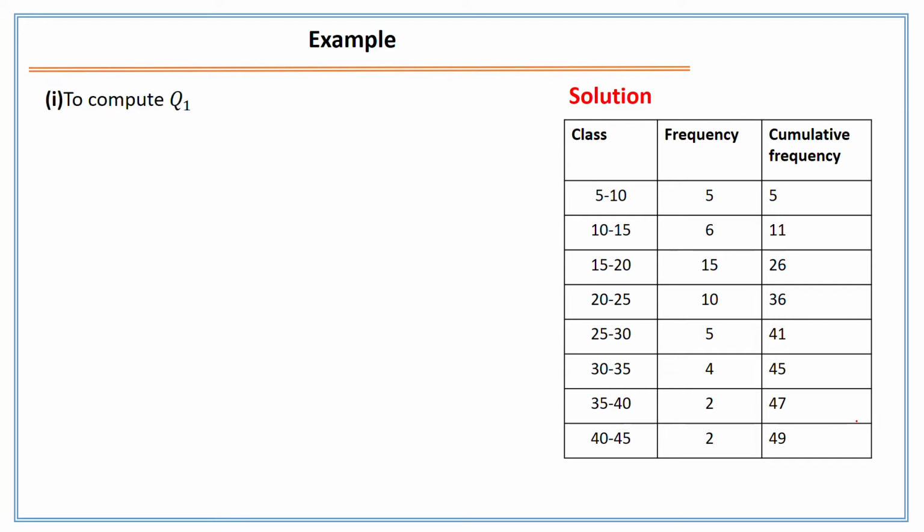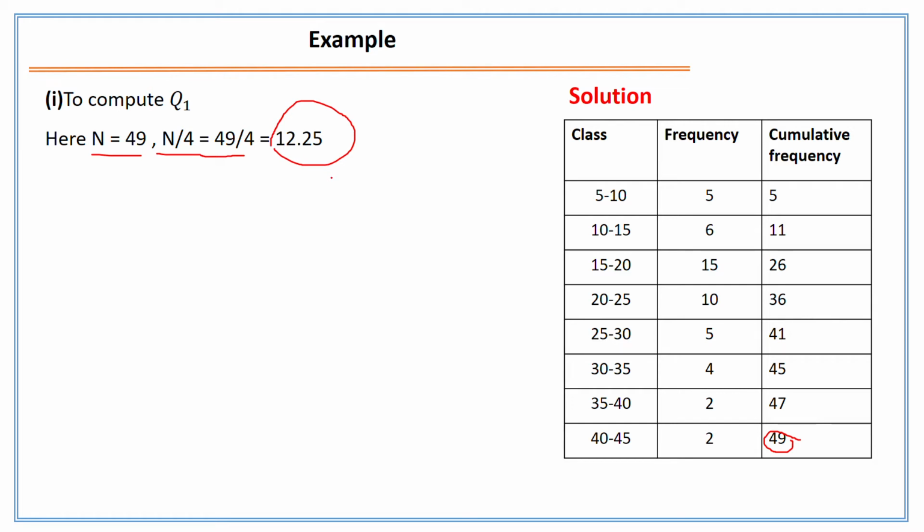If you want to calculate Q1, first we have to see the quartile class. Here n, the number of data, is 49. When calculating Q1, we have to do n by 4 of the data, that is 49 by 4, which is 12.25.